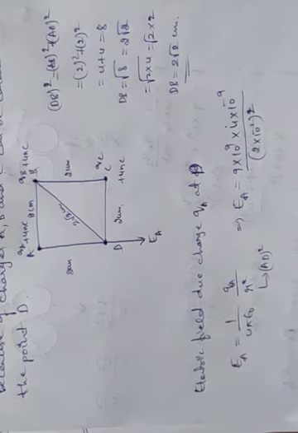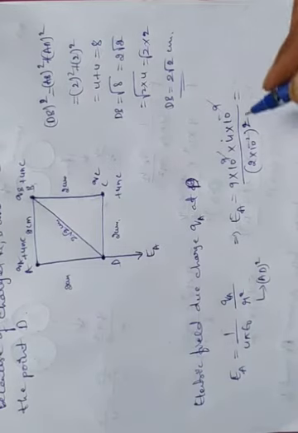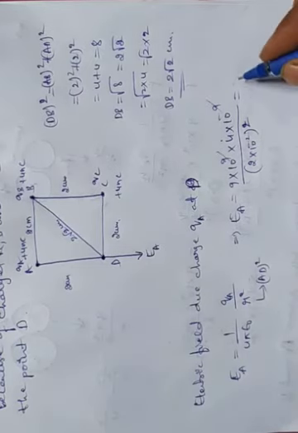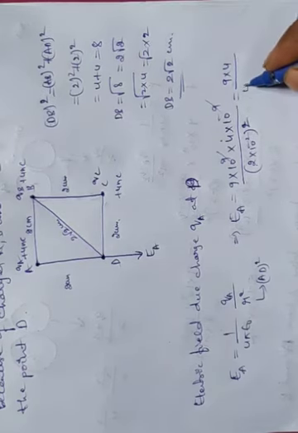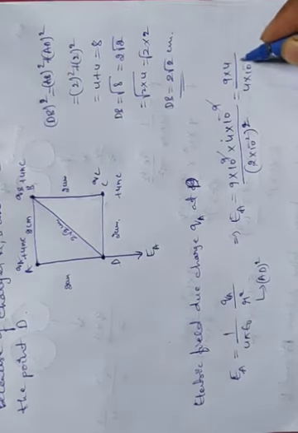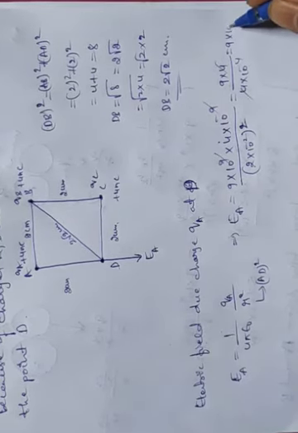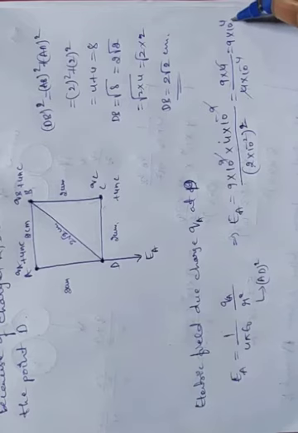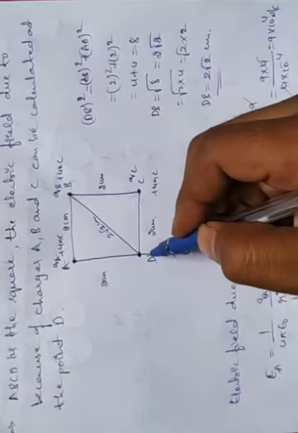Okay, so this is the electric field. So we can make the calculations here. How much do we get? 10 power plus 9 minus 9 gets cancelled. 9 into 4 by 2 square is 4 into 10 power minus 4. 4 gets cancelled. Therefore 9 into 10 power plus 4 Newton per Coulomb. So that is the electric field due to this charge QA at the point D.